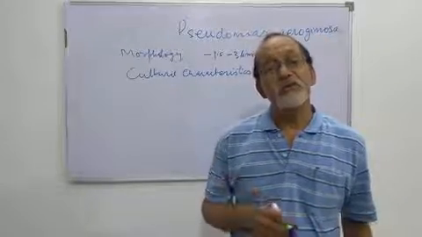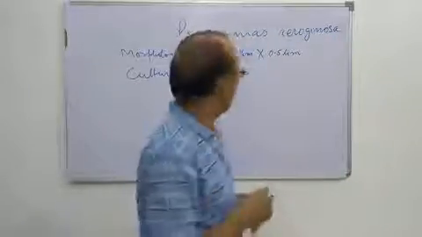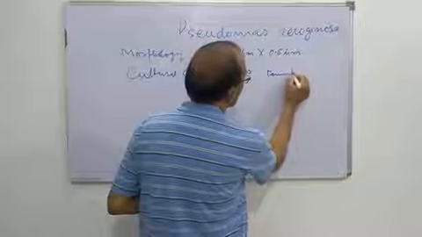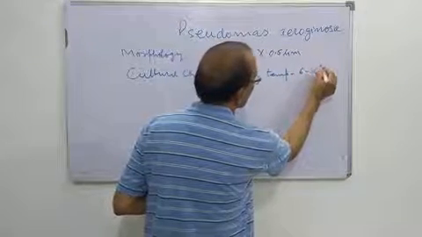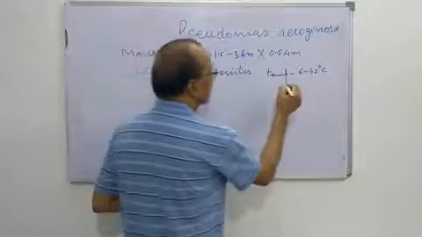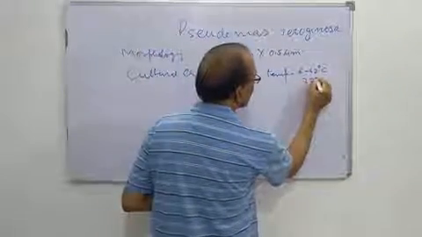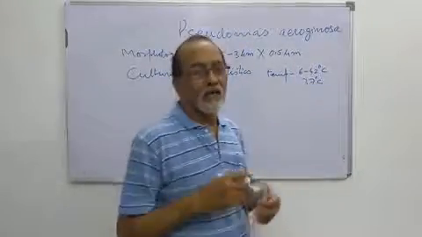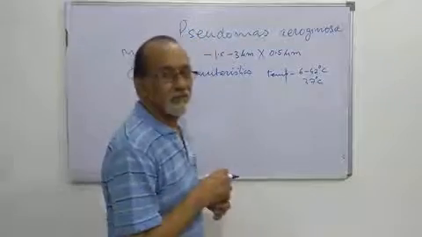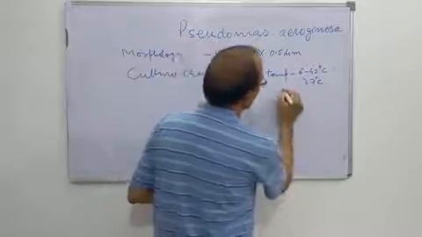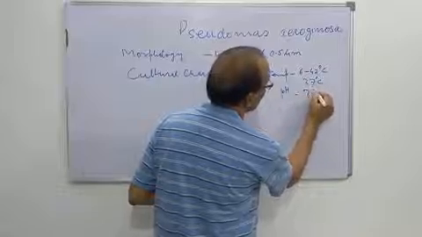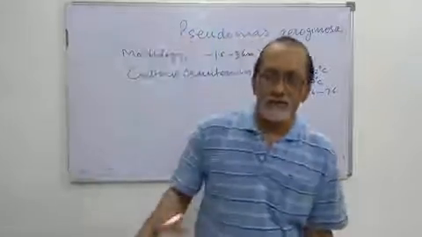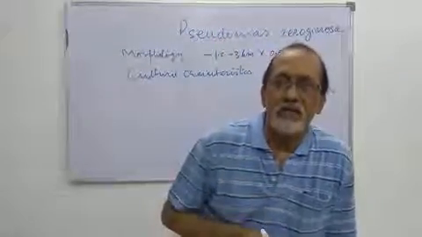Growth occurs over a wide range of temperature, 6 to 42 degrees centigrade, and the optimum temperature is 37 degrees centigrade. The optimum pH is 7.4 to 7.6. This is the general aspect of the cultural characteristics.